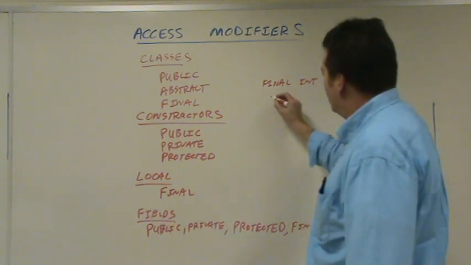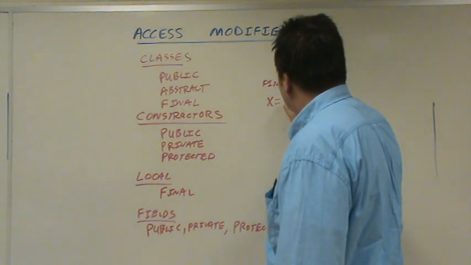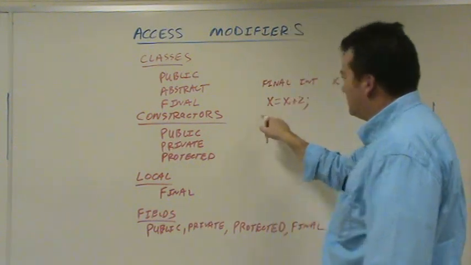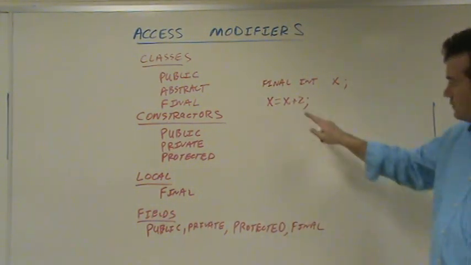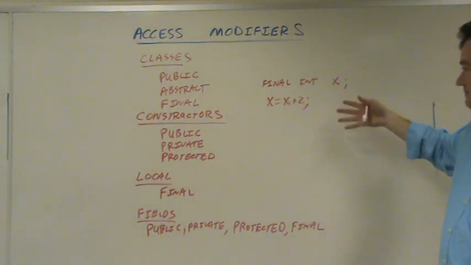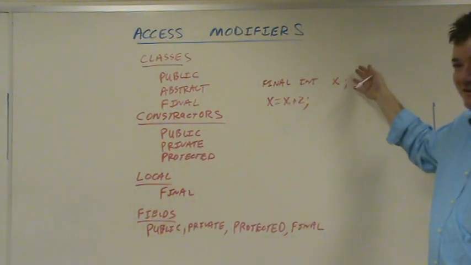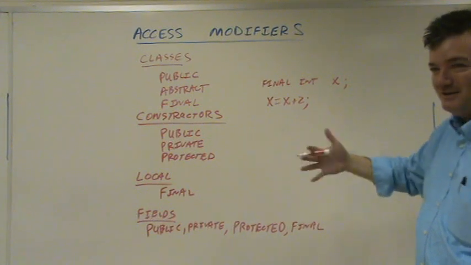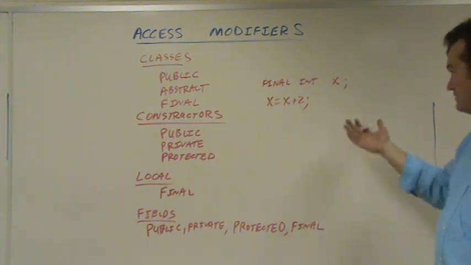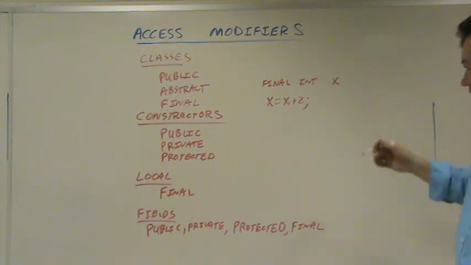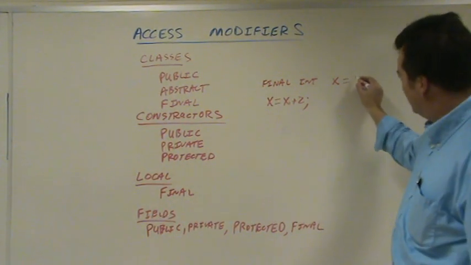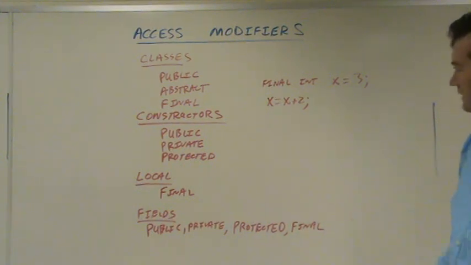Nobody could later on come along and say x equals x plus 2, because that would change it, and it's final, so it's frozen. What looks wrong if you say final integer x, and you don't give it an initial value? It says I can't change. I'm not setting it to anything. It would actually be set to 0 because it would default to 0, and nobody could change it. So generally, you set it equal to something and then it stays.